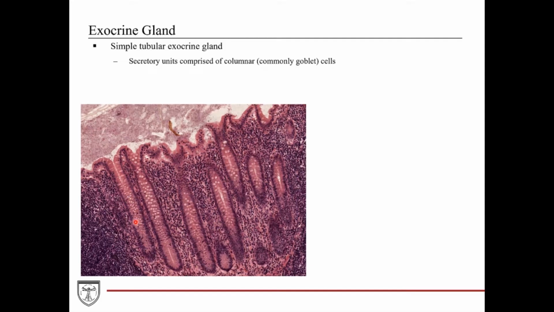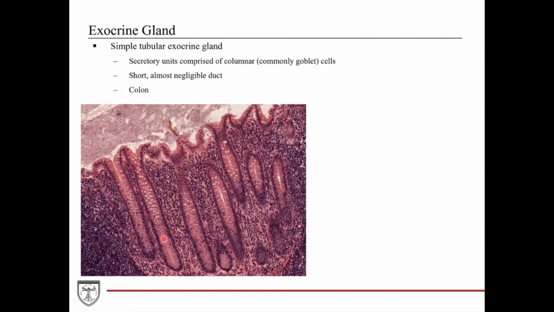A lot of these are goblet cells that are producing mucin. And the duct is fairly short here, leading out into the external environment. And such glands are typically found in the colon or large intestine in general.